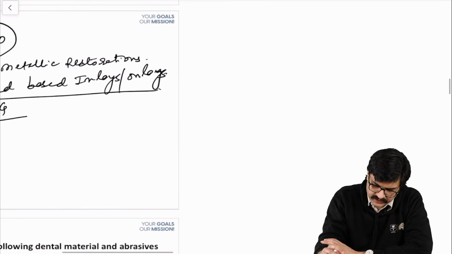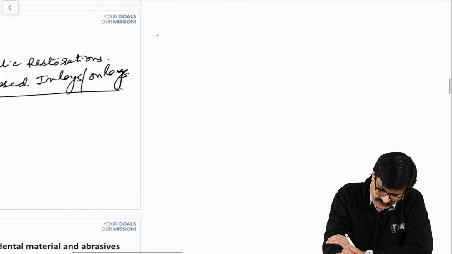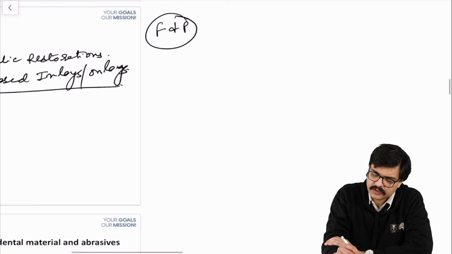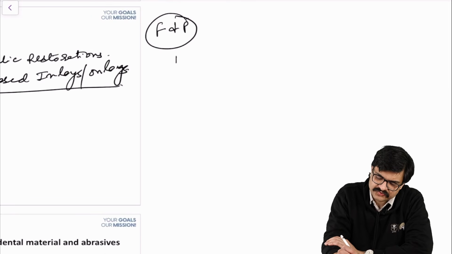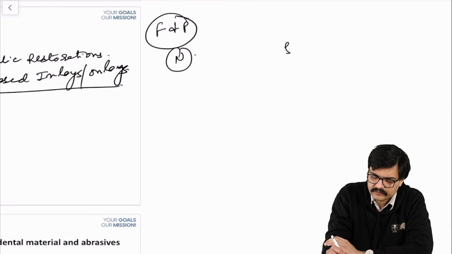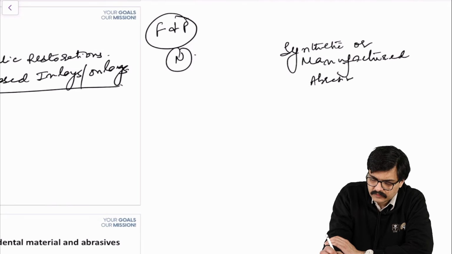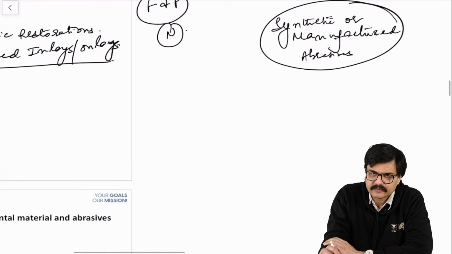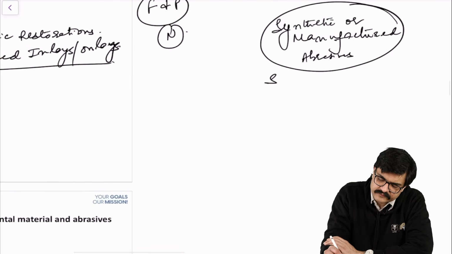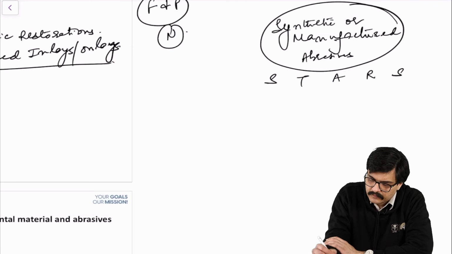The other important thing from your finishing and polishing materials that you should keep in mind is the classification based on natural abrasives and synthetic or manufactured abrasives. In this, just remember the synthetic or manufactured abrasives by the mnemonic STARS.